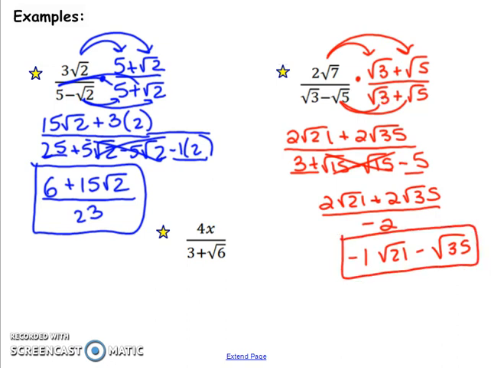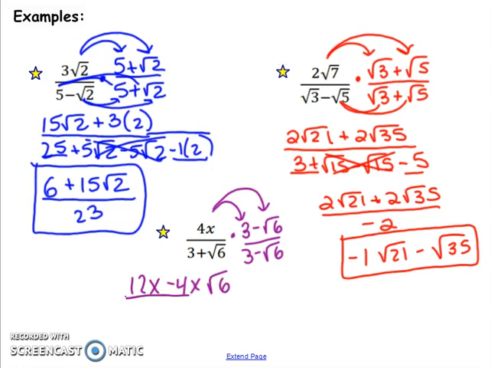And then for the last one, okay, we're going to multiply by 3 minus radical 6, 3 minus radical 6. So 4x times 3 is going to give 12x. 4x times negative radical 6 is negative 4x radical 6. On the bottom, 3 times 3 is 9. 3 times negative radical 6 is negative 3 radical 6.